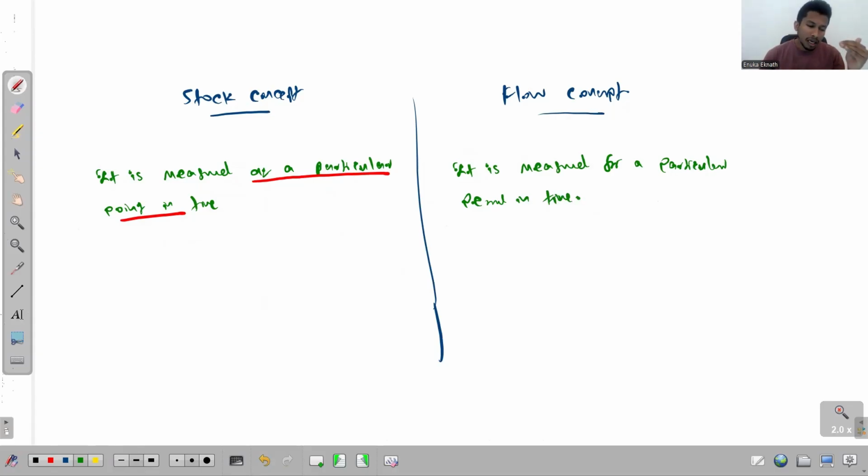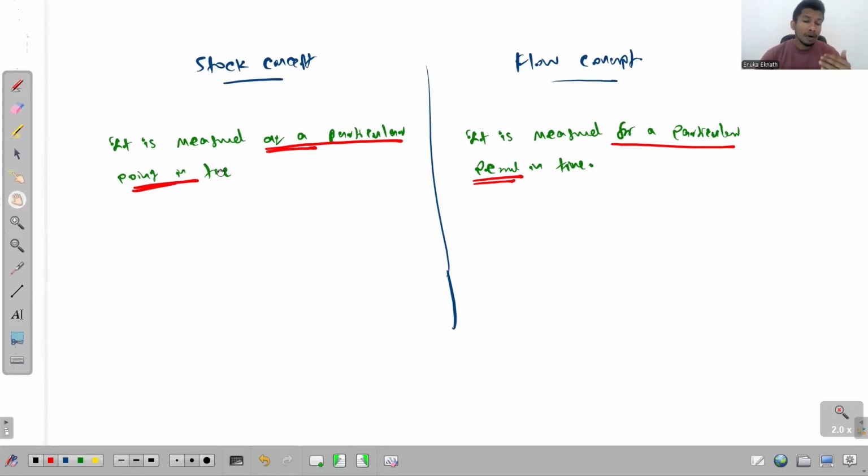This is the main difference between a stock concept and a flow concept. If it's a stock concept, it is measured at a particular point in time. If it's a flow concept, it is measured for a particular period in time. Here it's a period, but here it's a point in time.